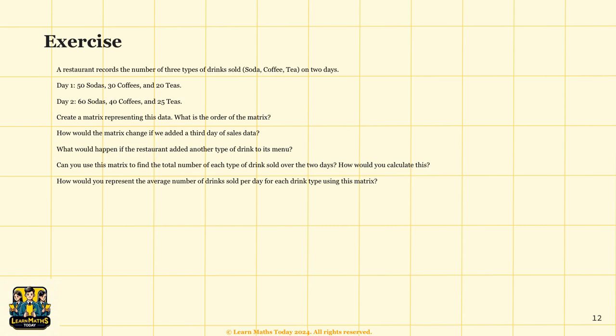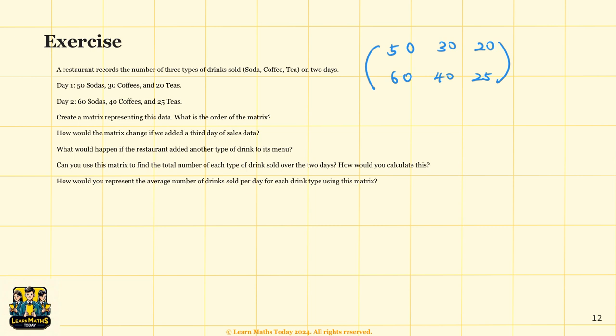So just represent this by a matrix, and you can do this just by putting a big bracket, and then you list the number of sodas, coffee, and tea in day 1. Then you have day 2, 60 sodas, 40 coffee, and 25 tea on the second day.